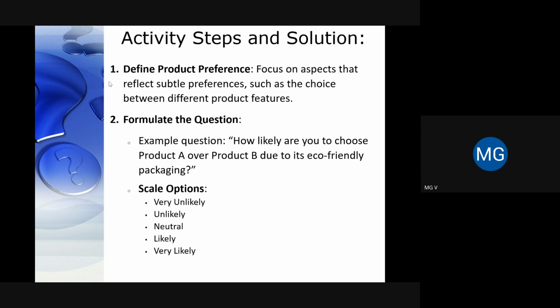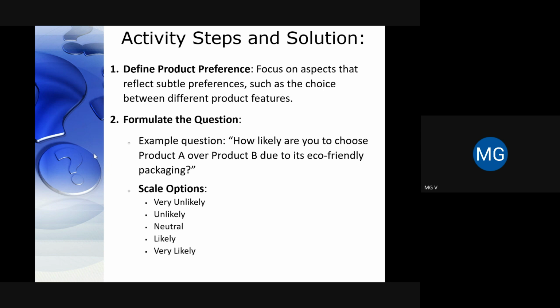Okay. So the steps are, first, we need to define product preference. We need to focus on aspects that reflect subtle preferences, such as the choice between different product features. Then we need to formulate the question. For example, how likely are you to choose product A over product B due to its eco-friendly packaging?